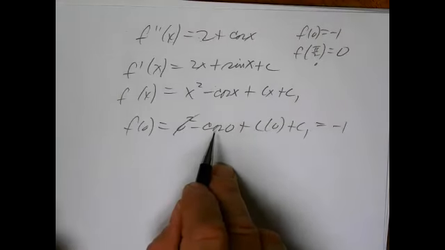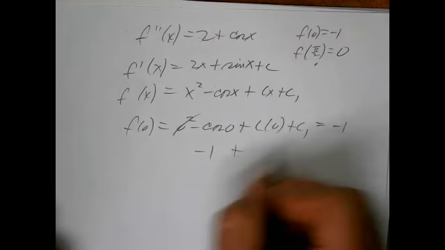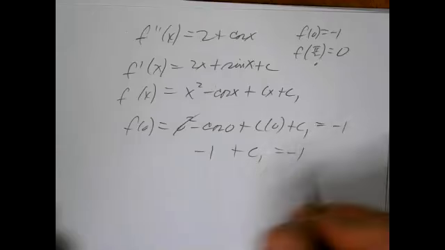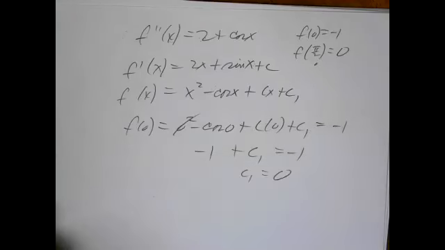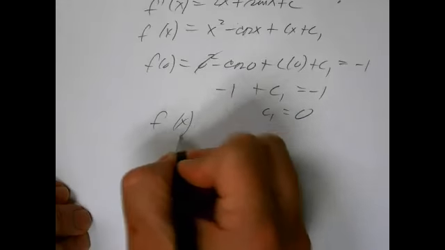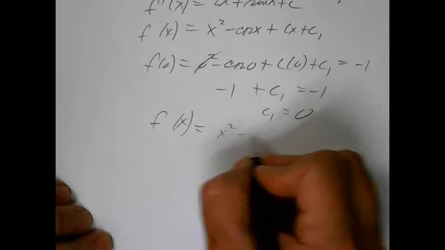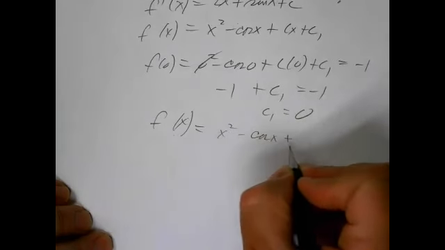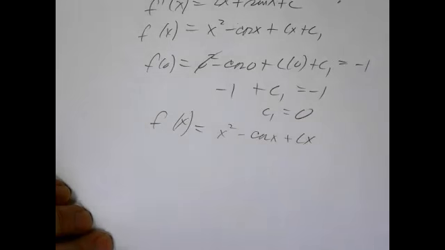Cosine of 0 is 1, so that's a -1, plus that's a 0, and that's C1, and therefore C1 is 0. So I can refine f of x to being x squared minus cosine of x plus Cx, because I know the C1 is 0.